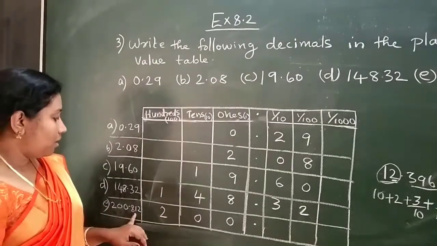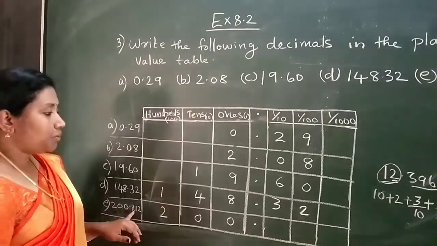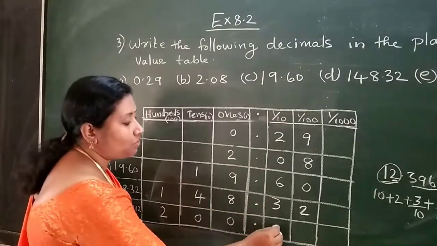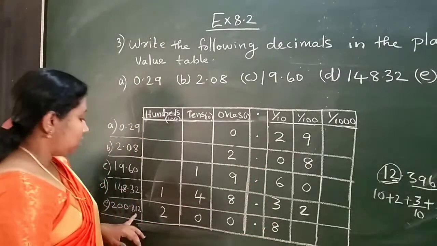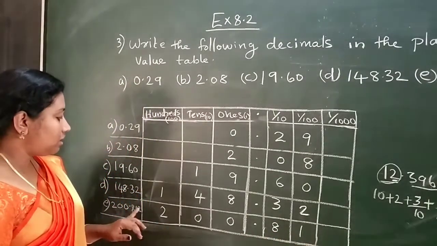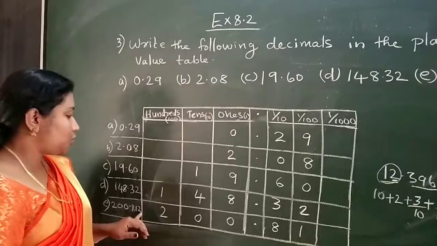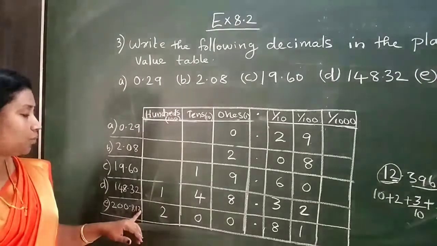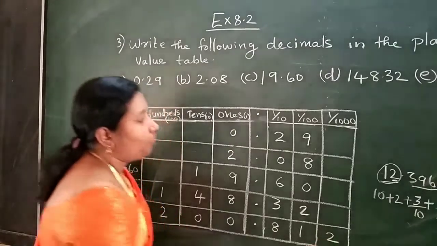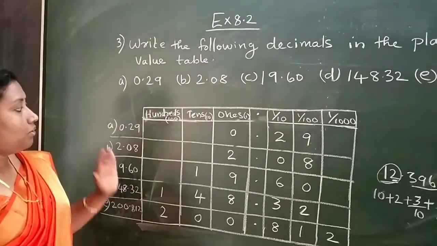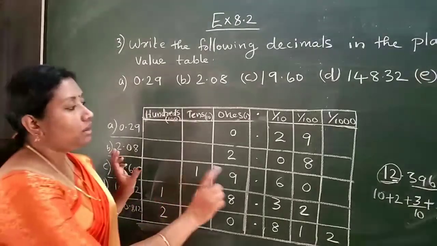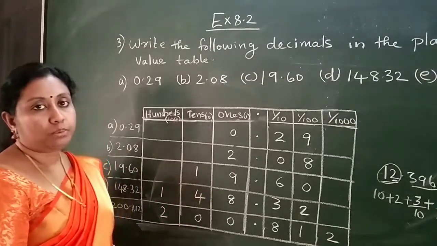Then 8, 1, 2. In the decimal part also 3 digits are there. The first digit is 1 by 10th. Second place 1 by hundredth. The third number, that is 2. What is the place value of this 2? 1 by 1000. So this way you arrange the given decimal numbers in a place value table.